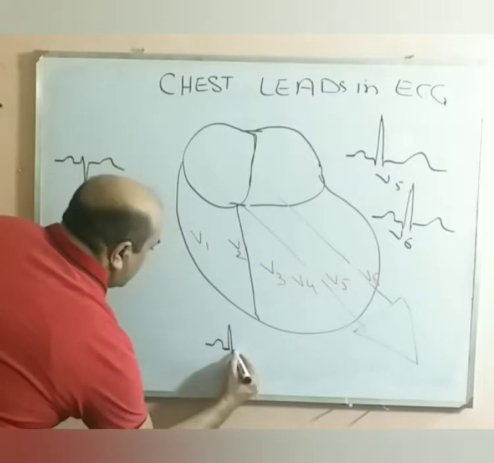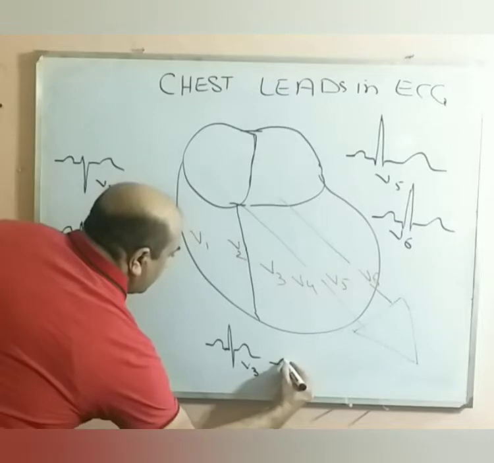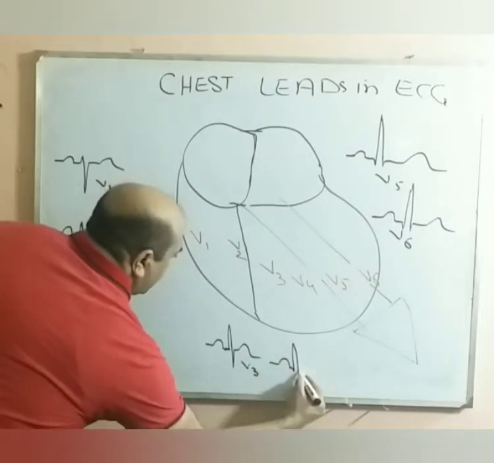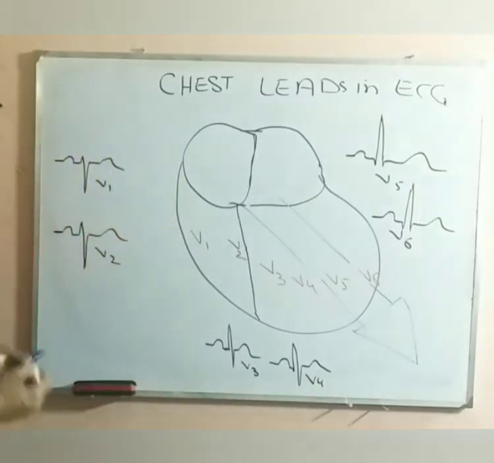Positive R and negative S, V3 and V4. So these are known as isoelectric leads, and this phenomenon where we see the increase in the height of the R wave as we move from V1 to V3, V4, V5 and V6 is known as normal progression of the R wave.